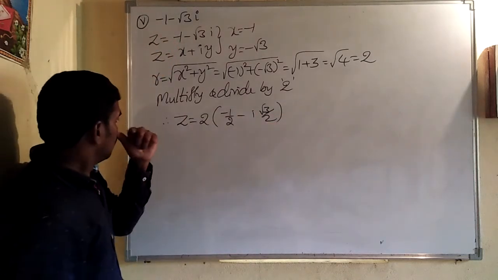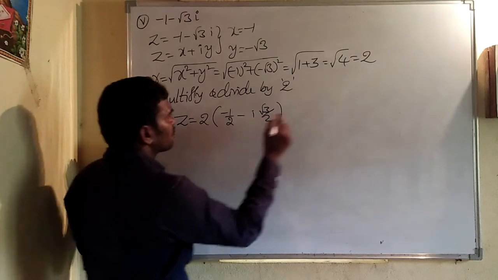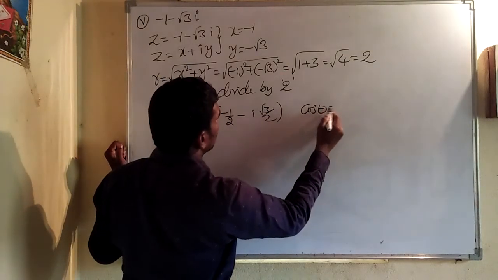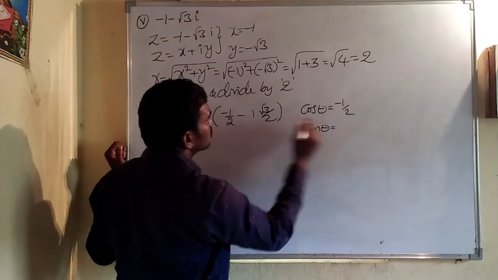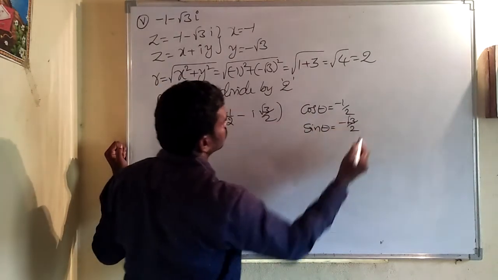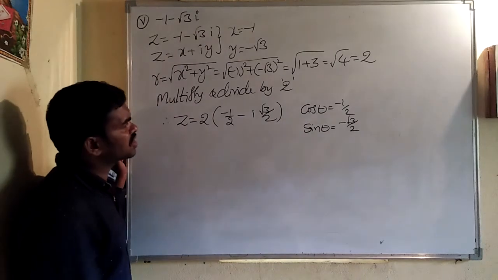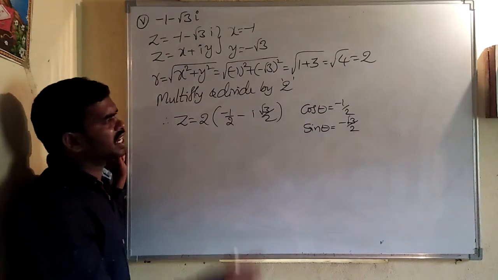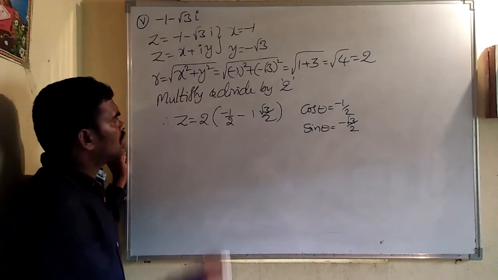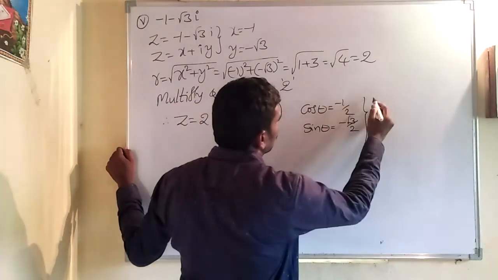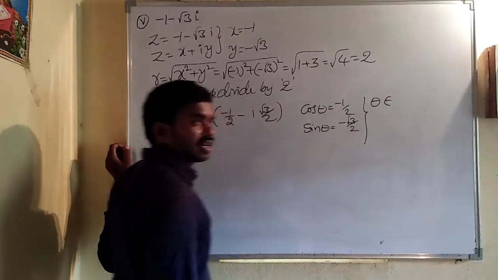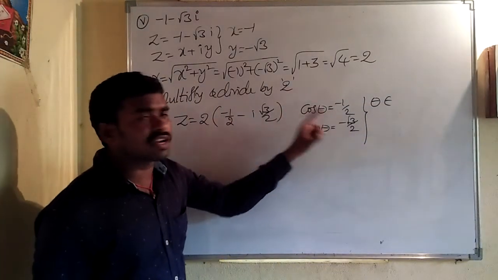What is the cos? Here cos theta equals -1 by 2, and sin theta equals minus root 3 by 2. R value we got. Now tell me, theta belongs to which quadrant? Here both are negatives.